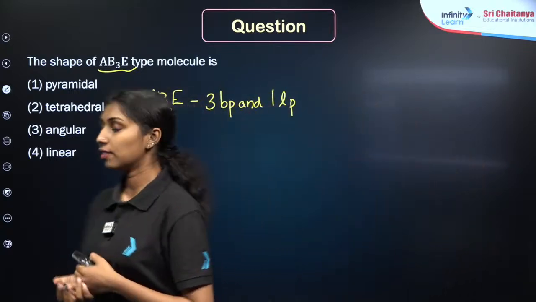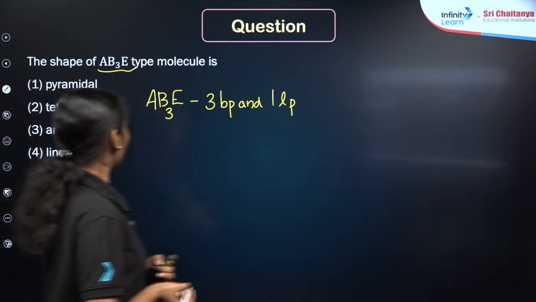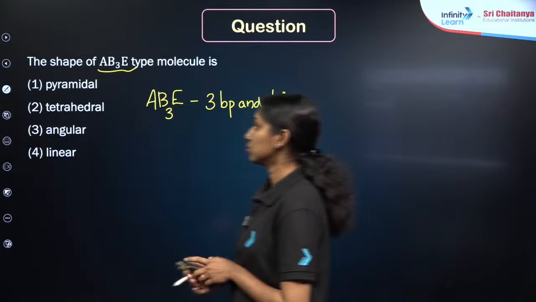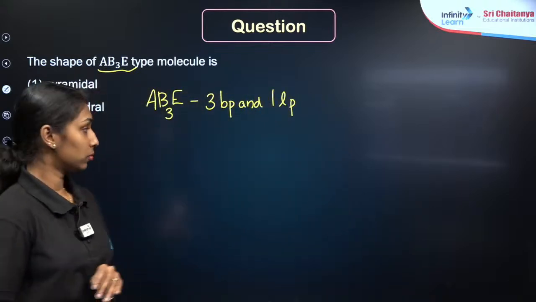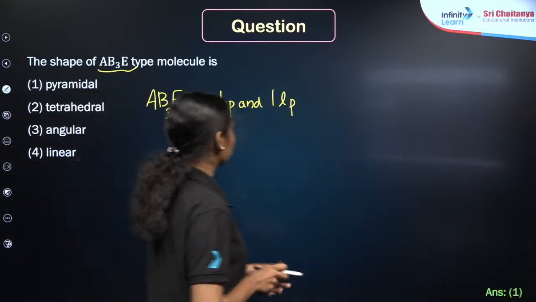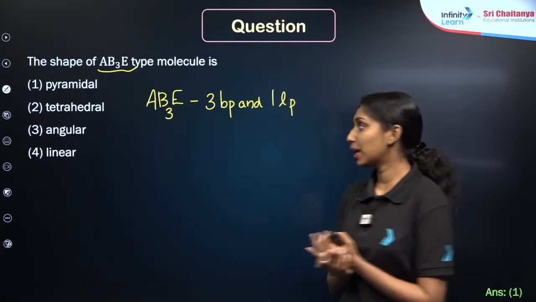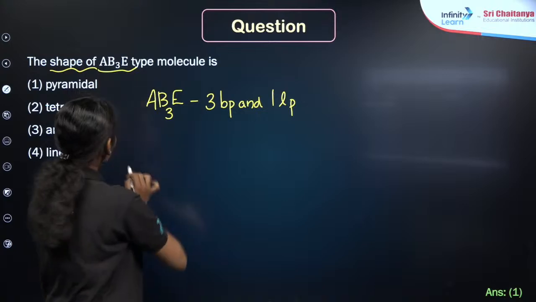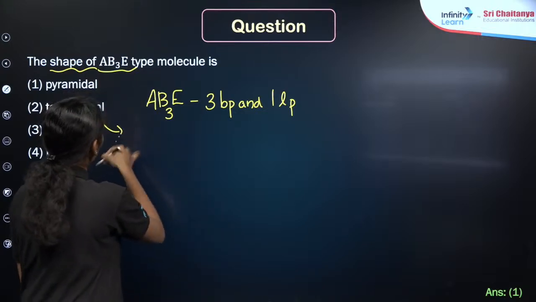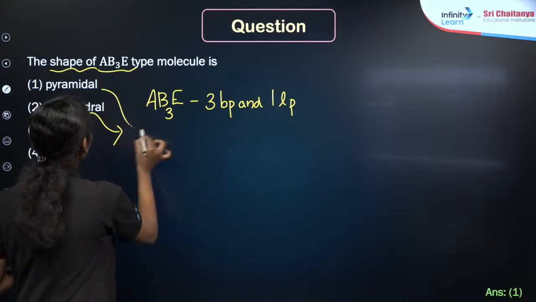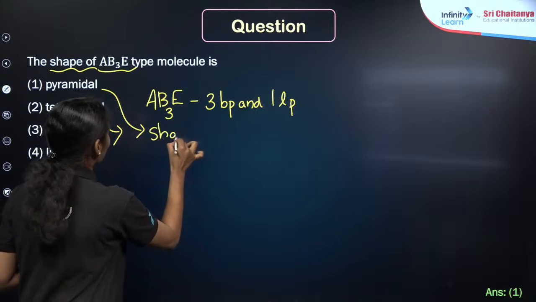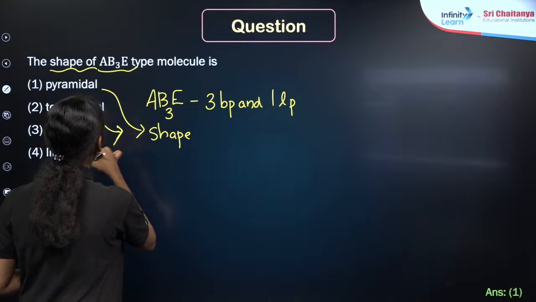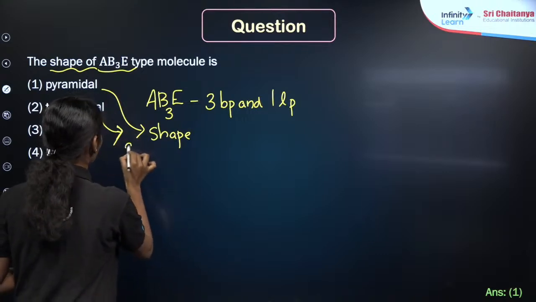So, what will be the shape? Pyramidal, right? The question is about the shape, not the geometry. If you are asking about the geometry, it will be tetrahedral as expected from the hybridization, but the shape will be pyramidal. You can take the example of the ammonia molecule. It has 1 lone pair as well as 3 bond pairs. Clear?